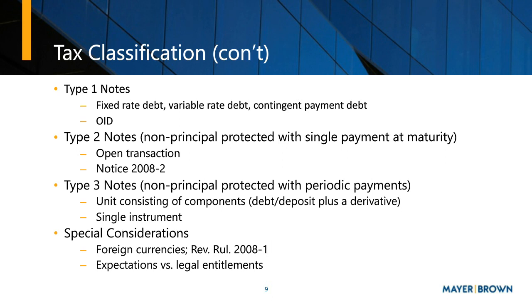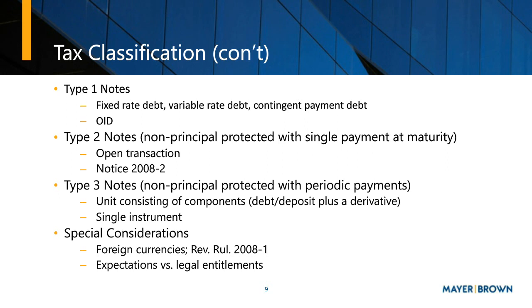So a lot of structured notes, the ones that don't have periodic payments, fall into the contingent payment debt category with OID accruals based on a comparable yield and a tax table. We won't go into all those mechanics today, but at least there are detailed regulations that apply to type 1 notes, and we know how to treat those for tax purposes.